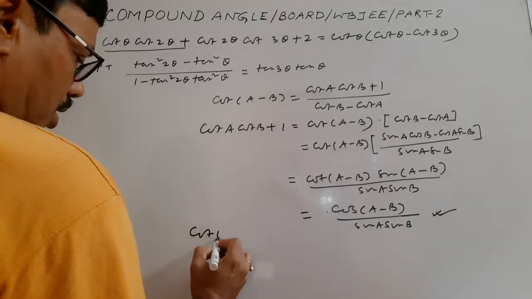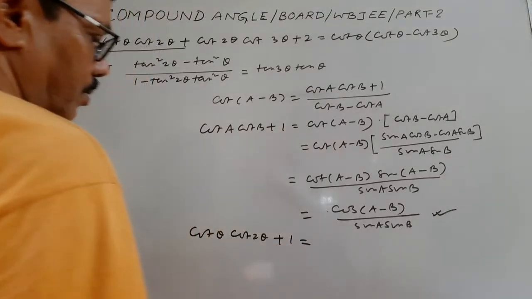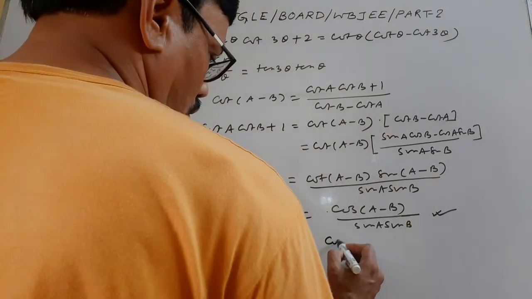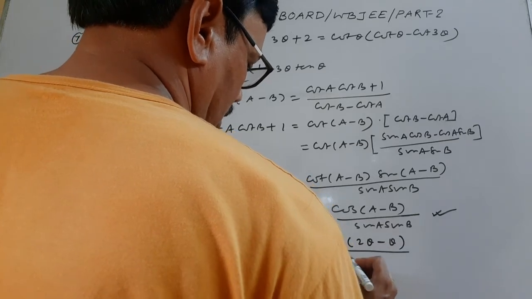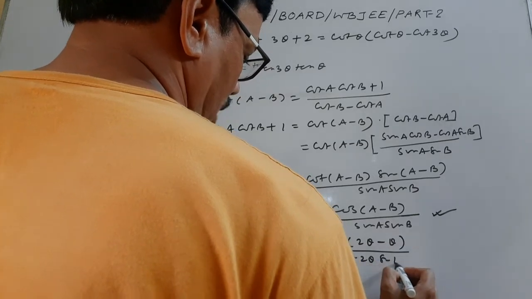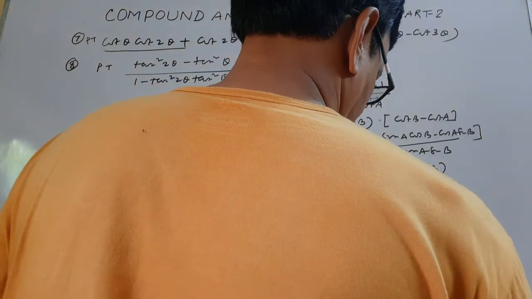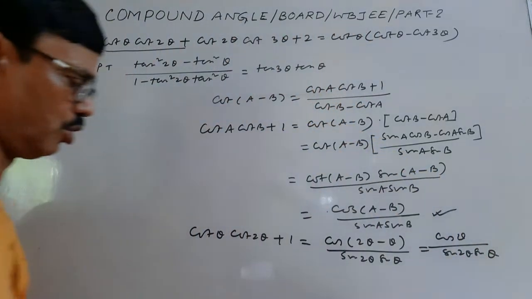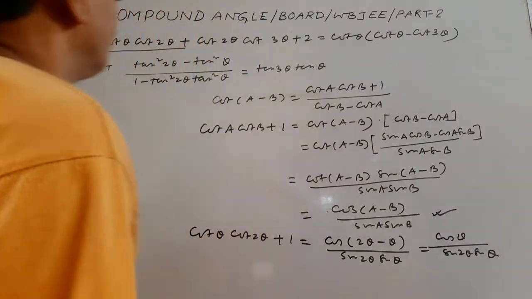So cot theta into cot 2 theta plus 1 equals cos(2 theta minus theta) by sin 2 theta into sin theta. So cos theta by sin 2 theta into sin theta.